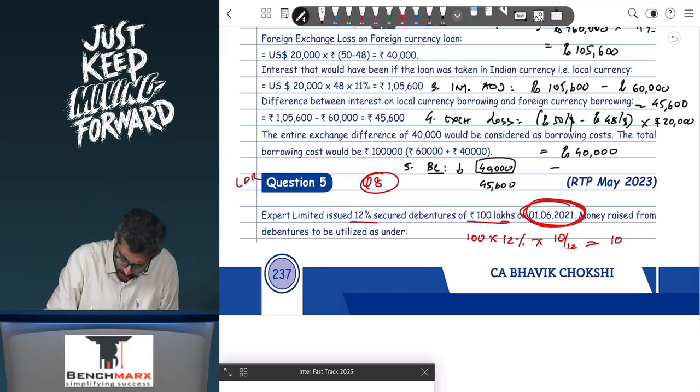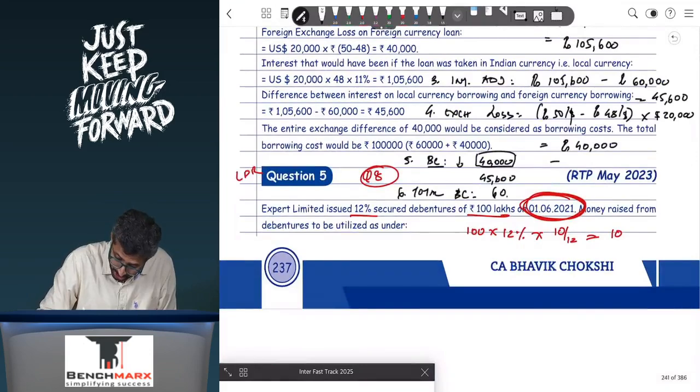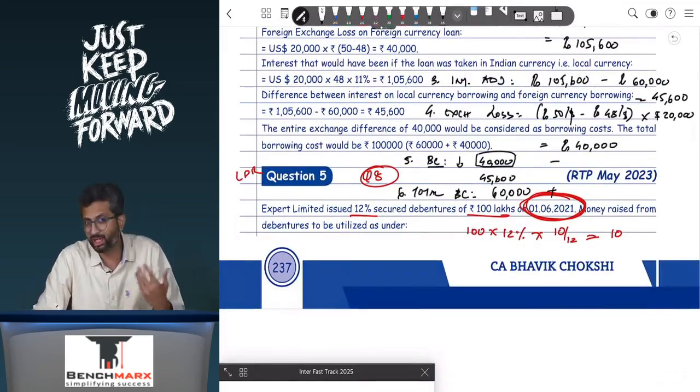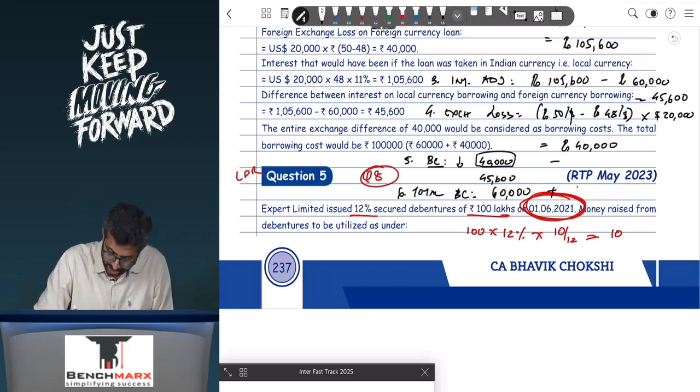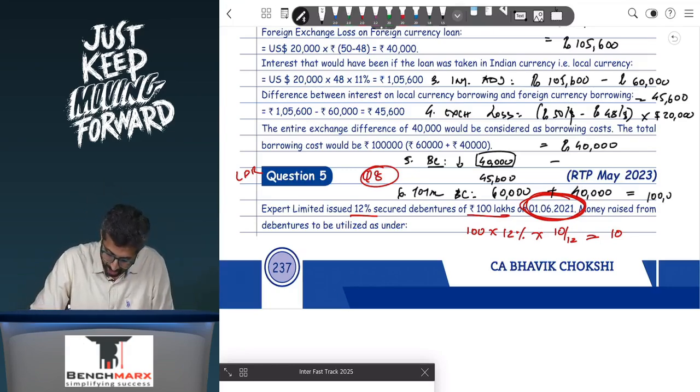Okay, and hence my total borrowing cost would be, well, in step 1 I'm actually paying 60,000, which if it is for a qualifying asset you should capitalize, and in step 5 I'm saying that I'm incurring certain exchange differences of 40,000, they are attributable to interest, and hence 1 lakh will be my total adjustment.